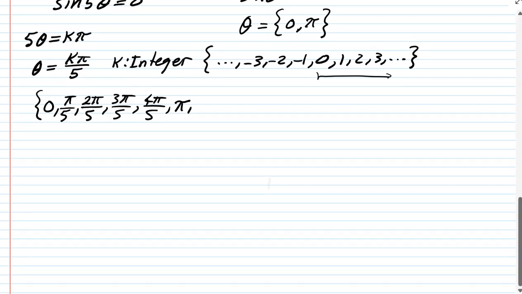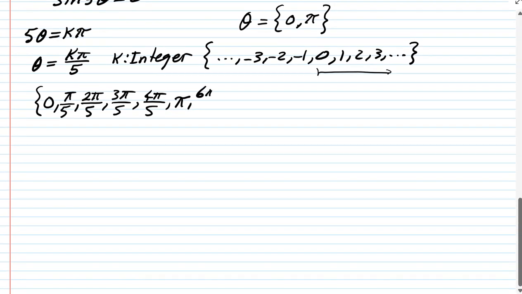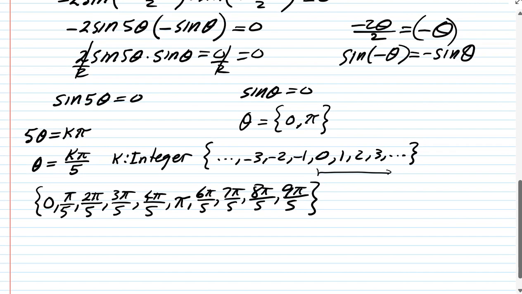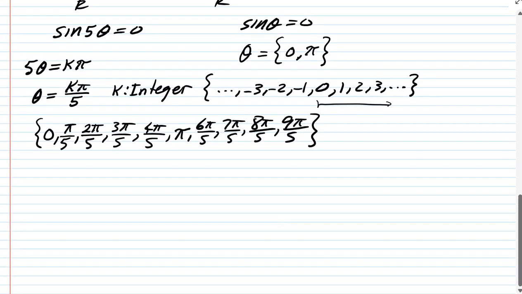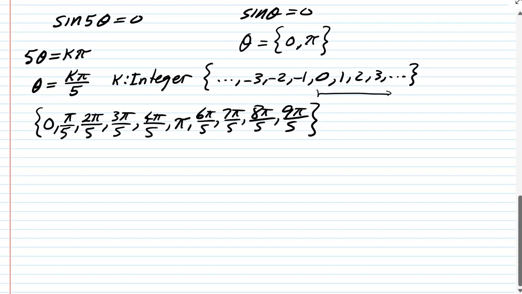And we will continue on: 6 pi over 5, 7, 8, 9. Now 10 pi over 5 is 2 pi. And we just want to stop there, because we want 0 included up to 2 pi, not including. And there we have it.